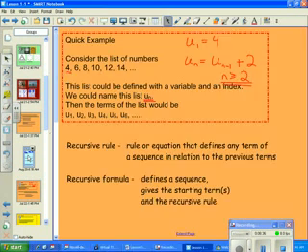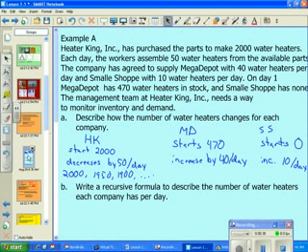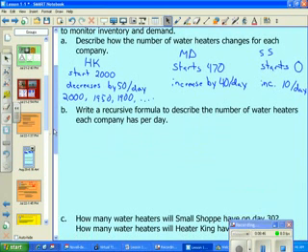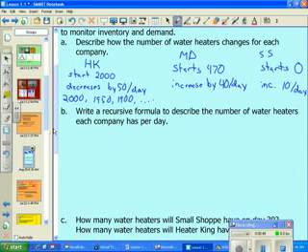Now, going back to our previous example, now that we've recognized the patterns of these sequences, we're going to go into writing recursive formulas for each one. Again, for each one of these, I'm going to use a different variable to name it. In this first one, because it's Heater King, I'm going to use h. This was on the first day, so 2000 would be my h sub 1. I'm going to start off with that.